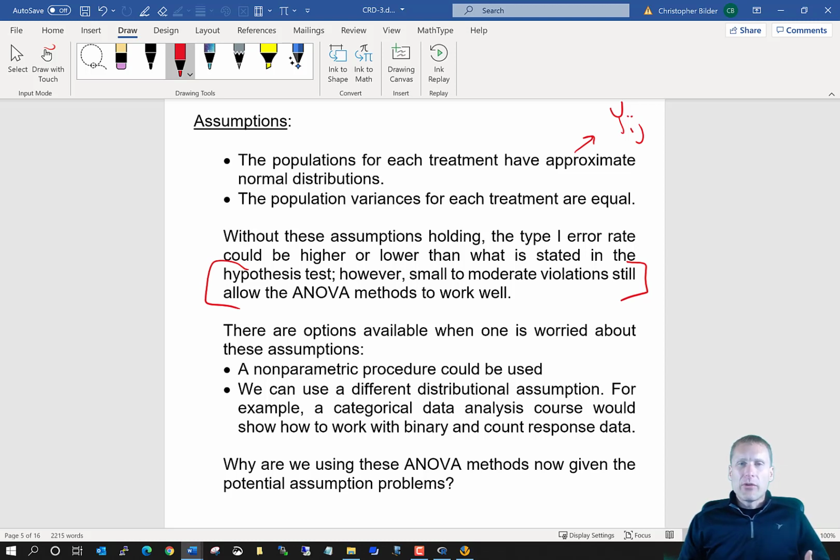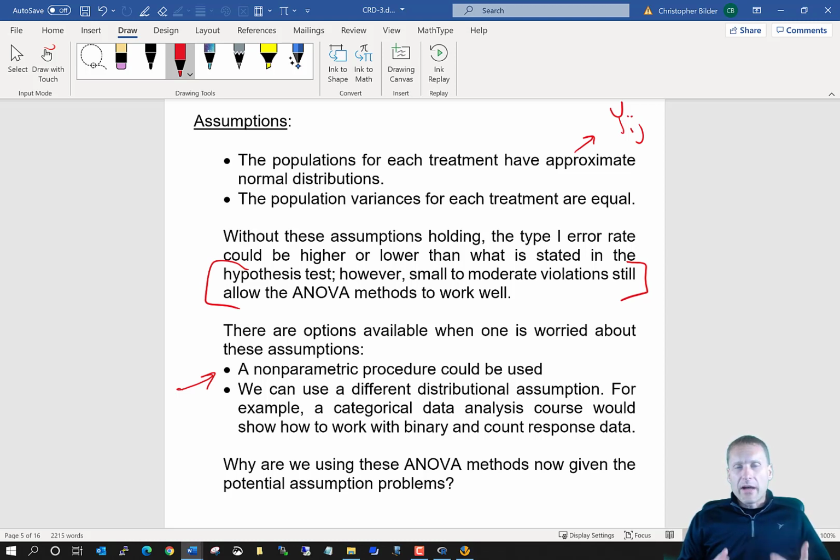Now, what can you do if you are worried about these assumptions? Here are some options. One can use what's called a non-parametric method to test equality of population means as well.